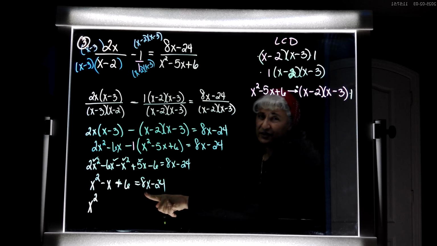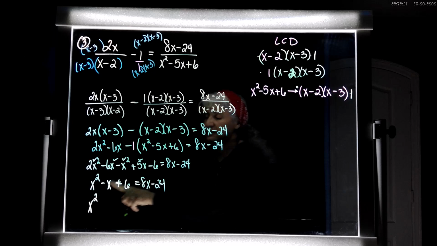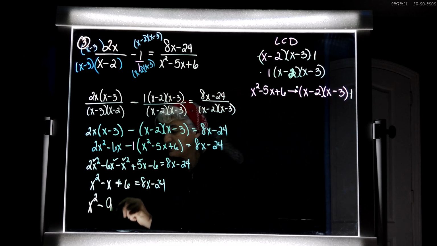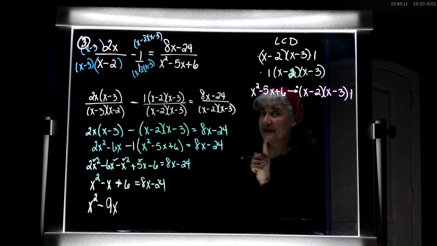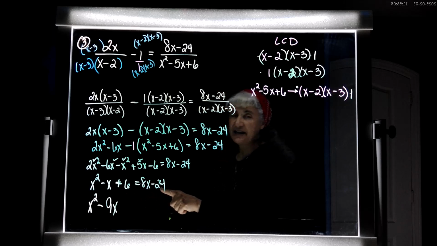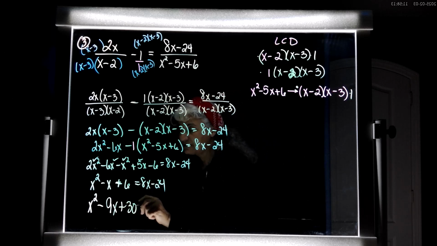I'm going to move the 8x over by doing what? Good, subtracting. So I have minus x minus 8x. Good. Minus 9x. And then, good, I have positive 6 and I am adding 24, aren't I? So that gives me a positive 30.